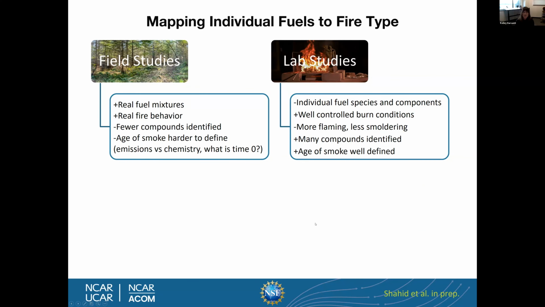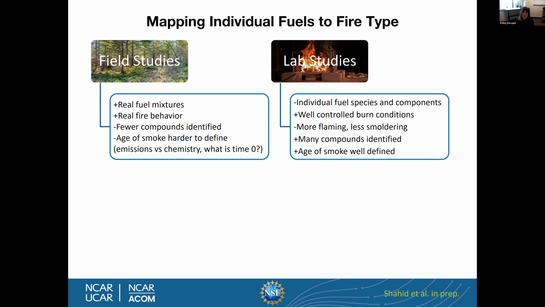We really wanted to keep lab studies, or include lab studies. So some of you are aware of the most recent emission factor compilation by Andy Andre. And in that study, right, it's only field studies. And there is a lot of discussion to be had about the pros and cons of lab studies. But one of the things I've sort of separated, a couple pros and cons here, right? The field studies are hugely important because you have real fuel mixtures and real fire behavior.